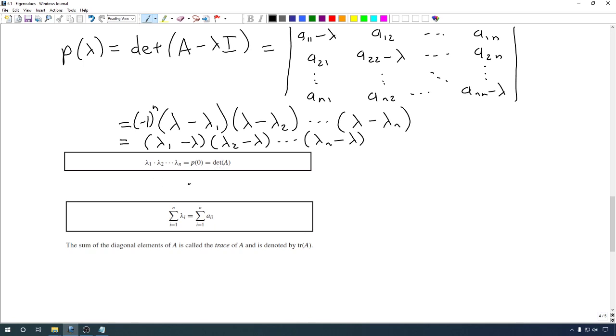In fact, there are treatments of linear algebra where they define the determinant to be just the product of the eigenvalues and treat eigenvalues as being more fundamental than the determinant itself. But that gets a little more on the abstract side, so that's why we define it the way that we do. In fact, that kind of explains why the determinant is so important.